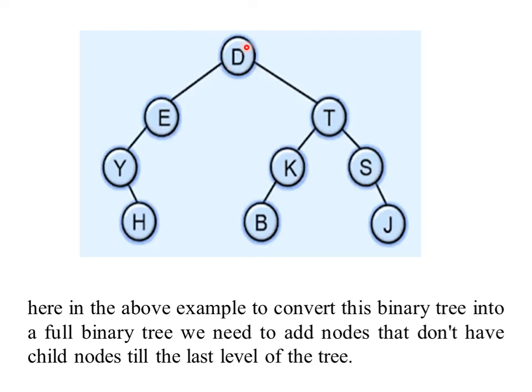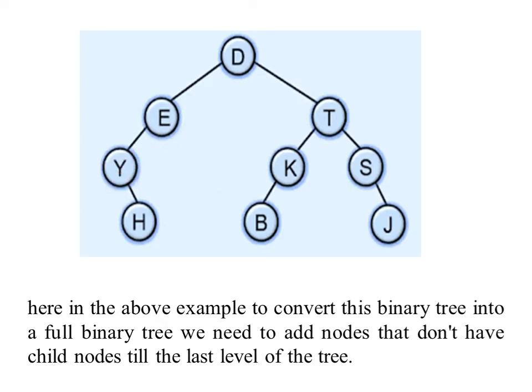You can observe D is a root node which has two children, E and T. Now E becomes a parent node and T also becomes a parent node for the nodes below. In the left subtree, E is having only a left child, Y, but the right one is missing.